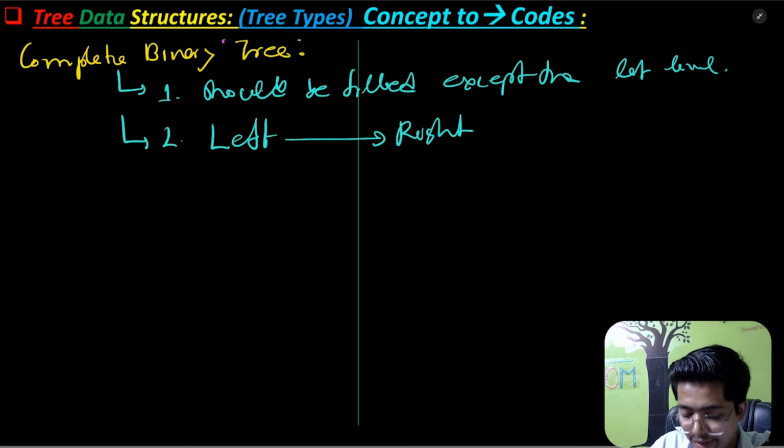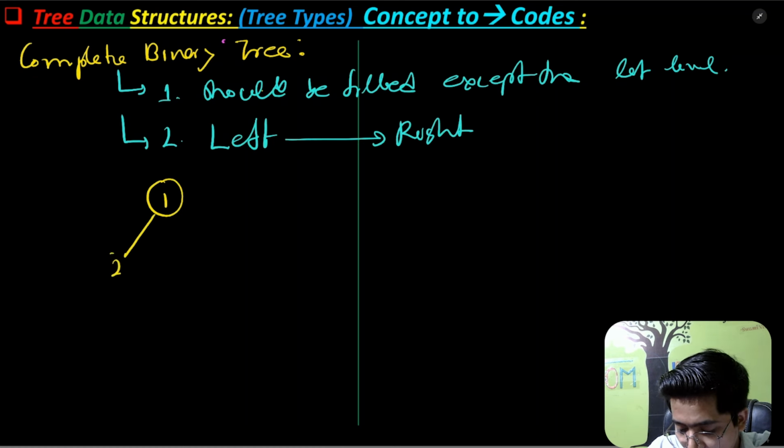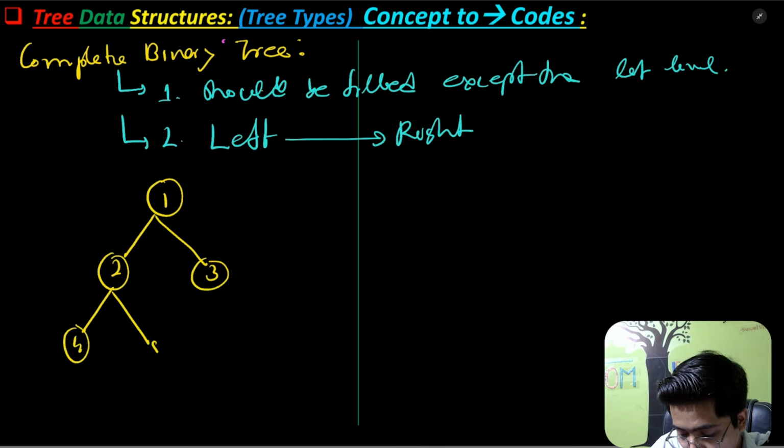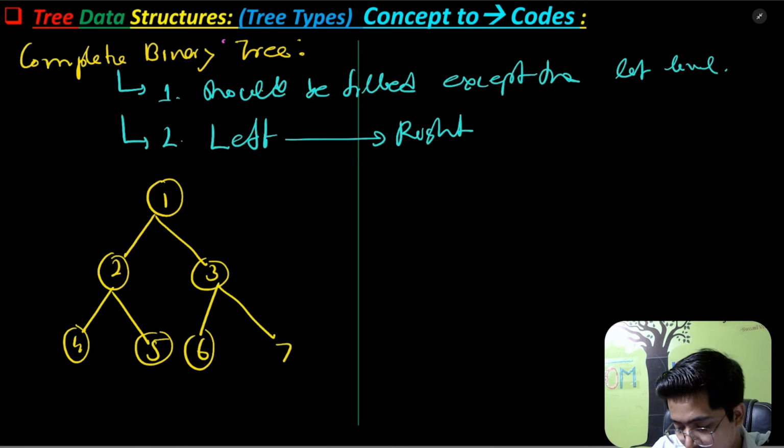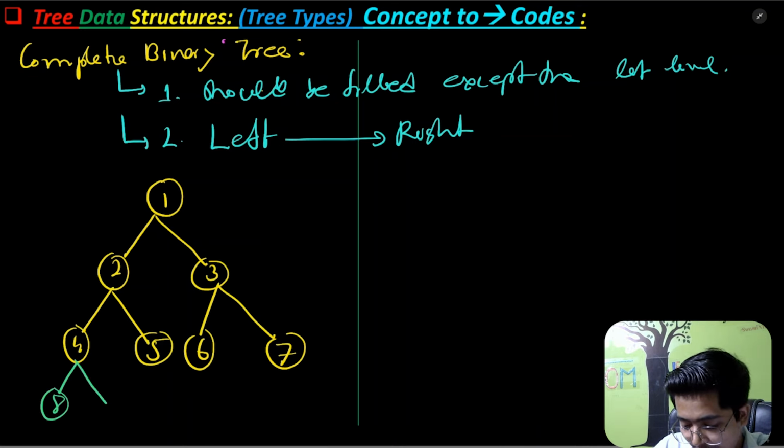Suppose let's take an example. This is element 1 and then this is element 2. Now 3, now we take 4, now 5, 6, and then we take 7. So this is the insertion of elements. Now we also take additional elements like 8 and now 9.